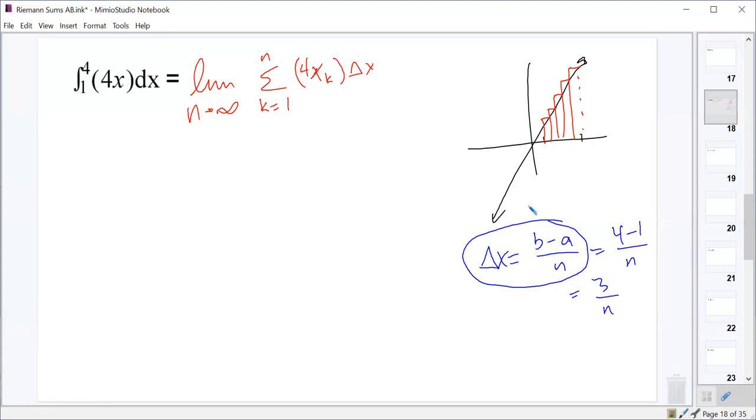Well, in order to find whatever this height that I've just drawn horribly in blue is, it's the value of the function there, right, at x sub 1. True? And how far over have I gone from the origin to get to x sub 1?